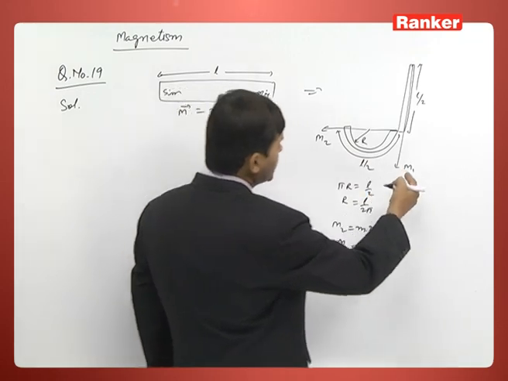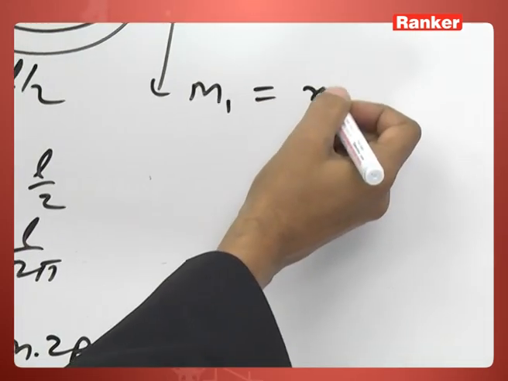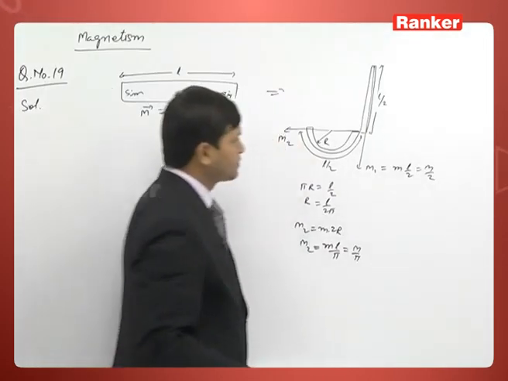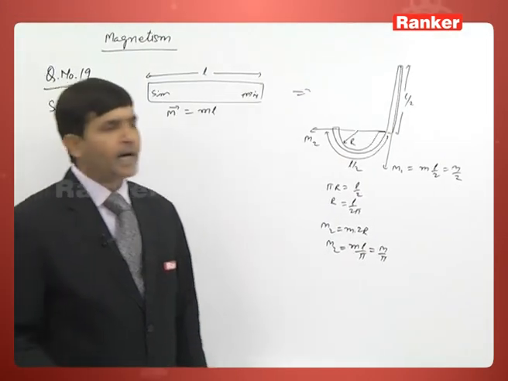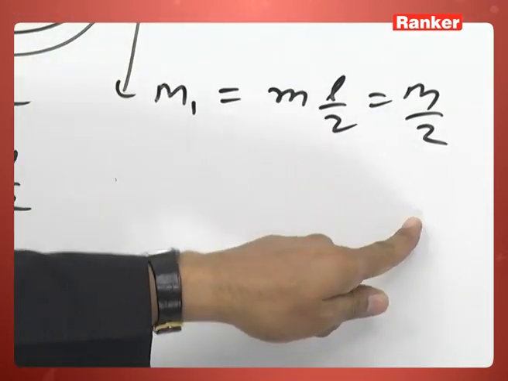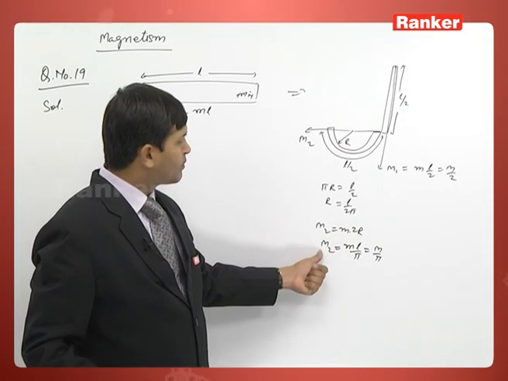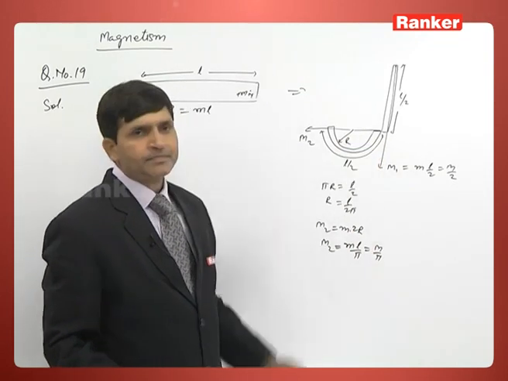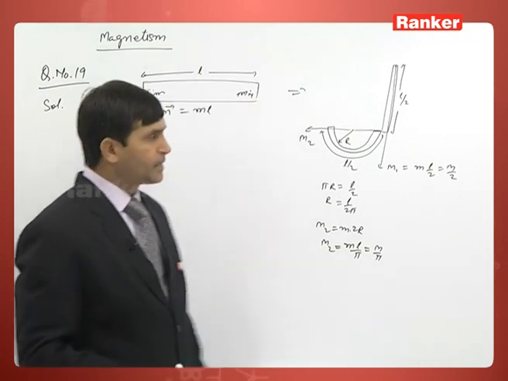Similarly, if I am talking about M1, M1 is your m into L by 2, so this is nothing but M by 2. So we have two magnets, one having magnetic moment M1, M by 2, another having magnetic moment M2, M by pi, and the directions of the areas are mutually perpendicular.